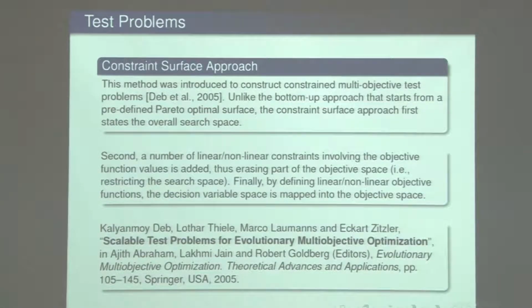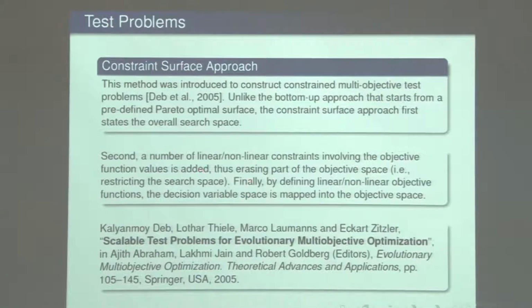So the last approach, the constraint surface. In this case, this approach was introduced to construct constrained multi-objective test problems. Kalyanmoy Deb used this. And unlike the bottom-up approach that starts on a predefined surface, in this case, the constraint surface states the overall search space. That's the starting point.